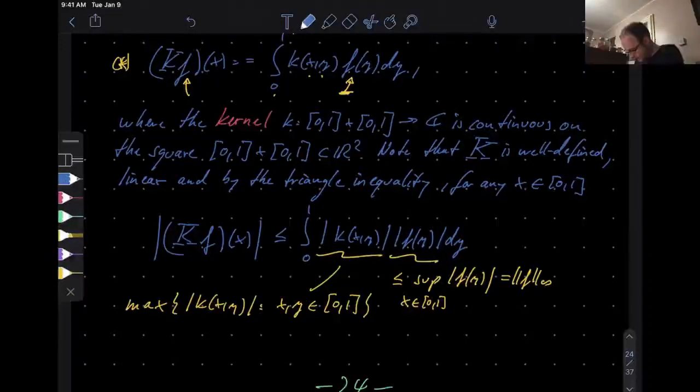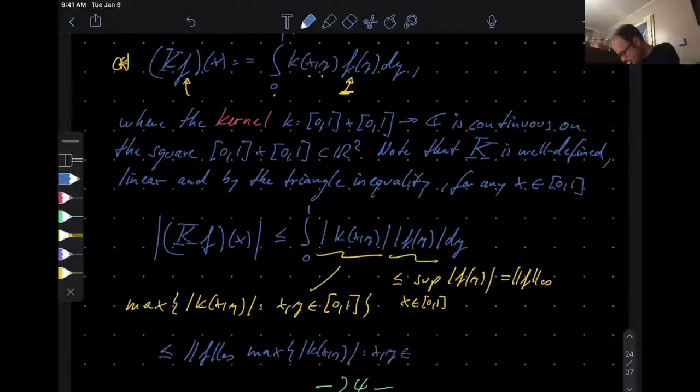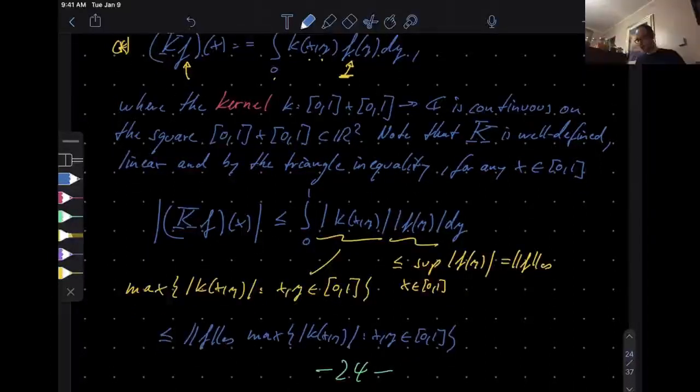Okay, so what you see here is this is at most the f infinity norm times the maximum of k(x,y), with x, y from 0 to 1. Okay, this is what you get, and since this is valid for any x in the interval 0 to 1, this immediately tells you that K is a bounded linear operator on that space.